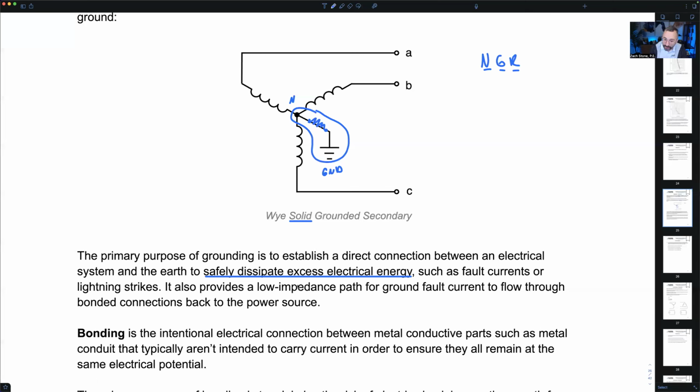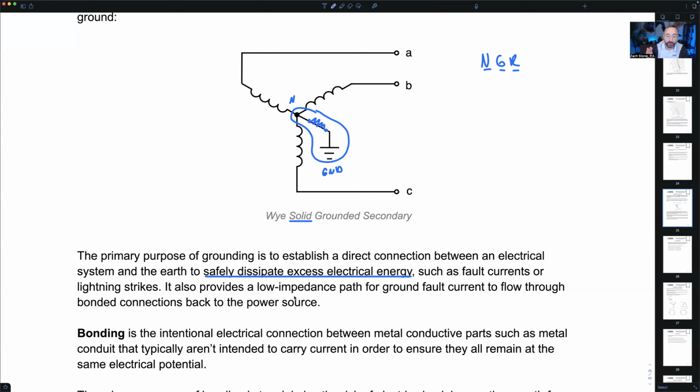In addition to that, the second main purpose is if I have a ground fault and I want to be able to measure and detect ground faults, and I want a ground fault protection scheme so that I can operate the service transformer overcurrent protection devices, then I need a connection back to the transformer.